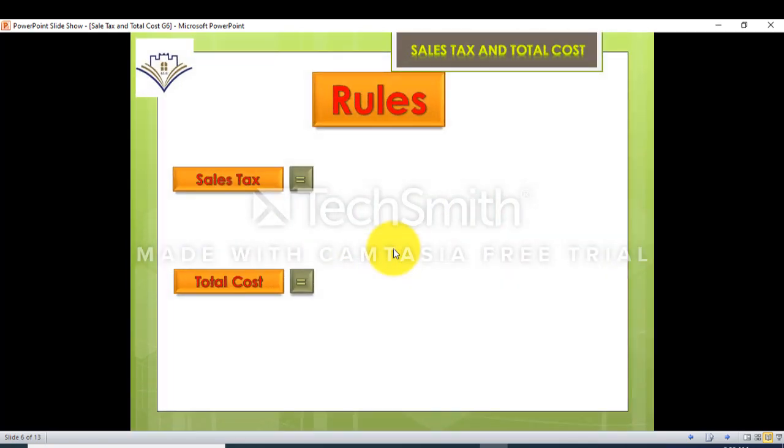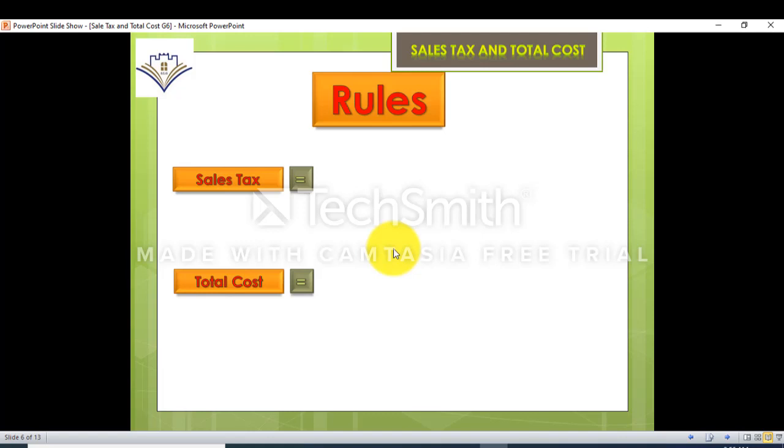Then we go back to our new rules today. We have two new rules: how to find the sales tax and how to get the total cost. Look at the first one.